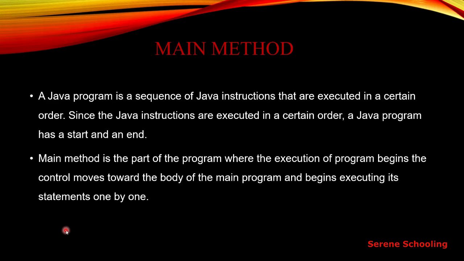The main method is where the execution of the program begins. As soon as you run your program, control will move towards the main function first and foremost. It won't look at anything else. It will move toward the main function and start executing its statements one by one. That's what will happen as soon as you run the program.